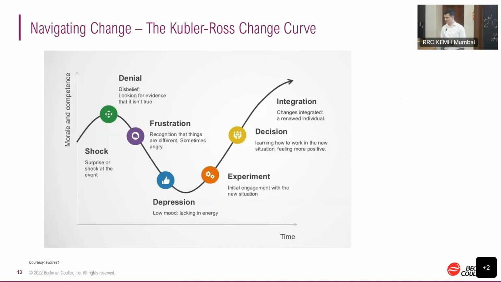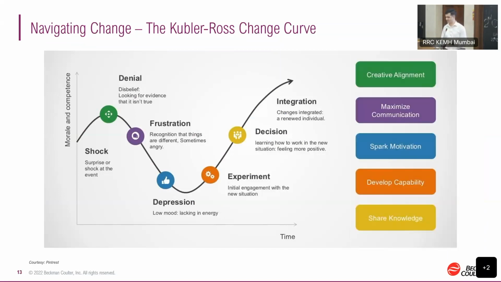And then once you have adopted that and made it a mandate, people start experiencing it, the decision is taken, and then it integrates. So this is how you can see the curve here, but you have to play a role in each of these steps.